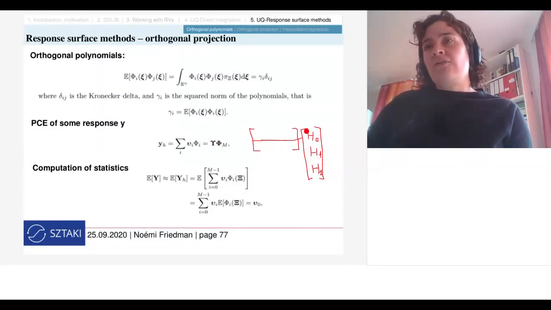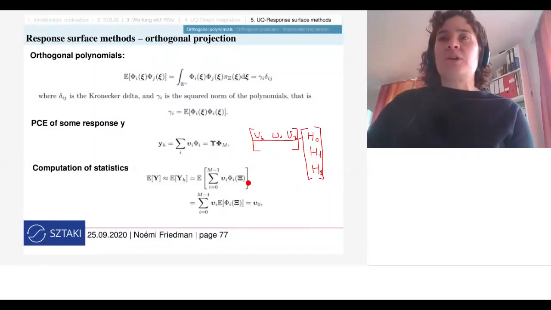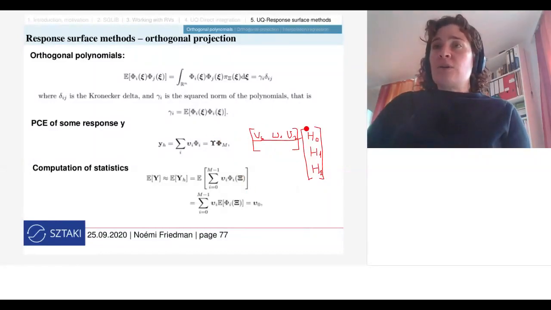And here I have the coefficients corresponding to the polynomials: this will be nu 0, nu 1, and nu 2. I think you can imagine. So I will multiply this with the second-degree polynomial, this with the first-degree polynomial, and so on. So this will be the expansion of the position of the mass.